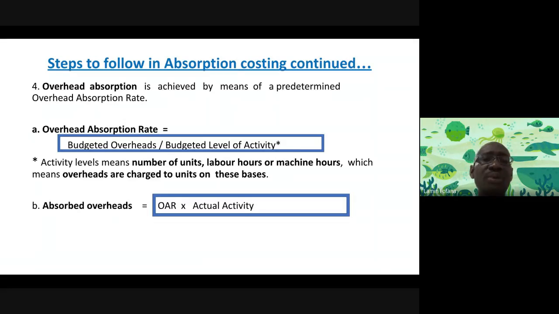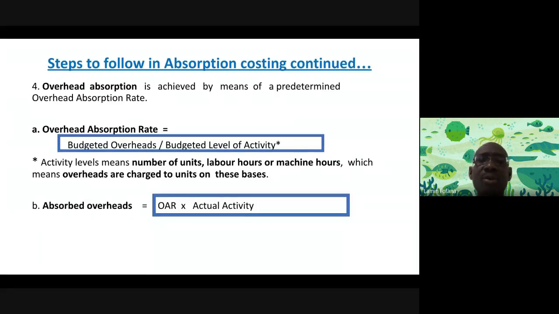How do we absorb it? We multiply our OAR by the actual activity level. For example, if we want to absorb the teaching cost at the University of the Gambia, what we will do is take the total teaching cost divided by the total number of students that have enrolled in that particular period.